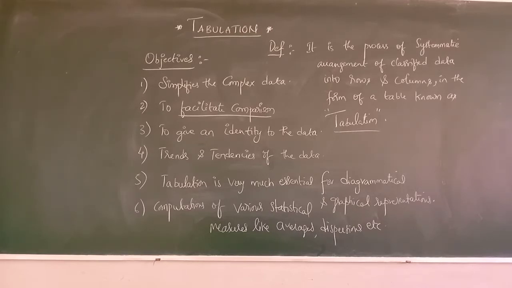The same way, even tabulation also has many parts which are to be framed. When you want to frame a tabulation, you need to follow some parts, okay, parts of the table, right? So let us see that next one, parts of a table.